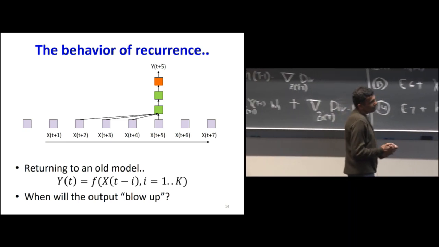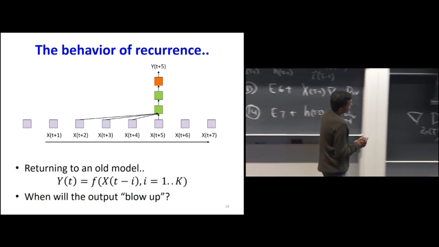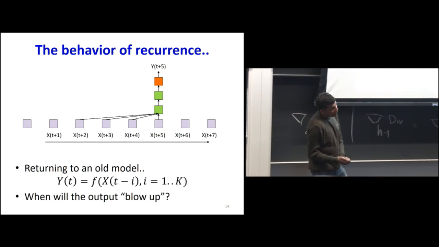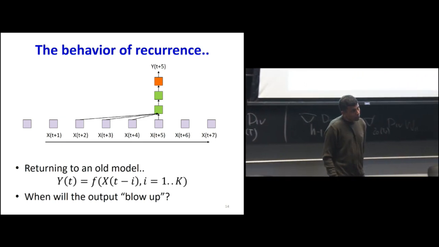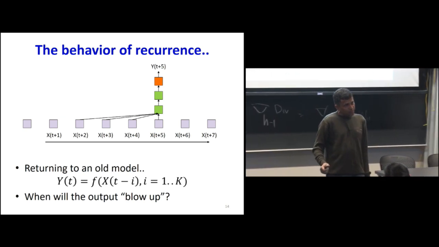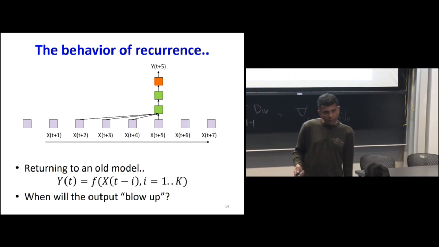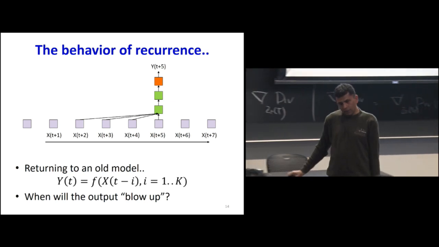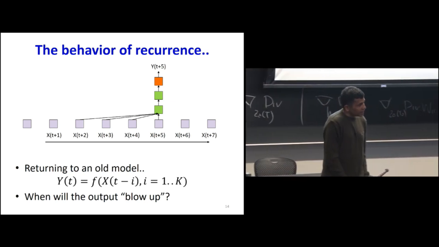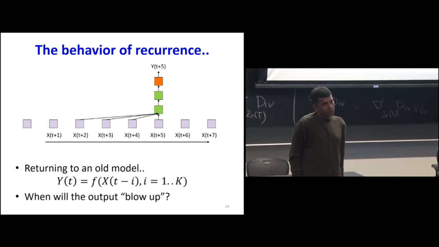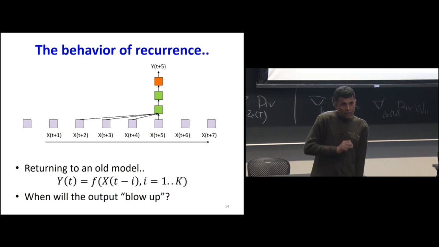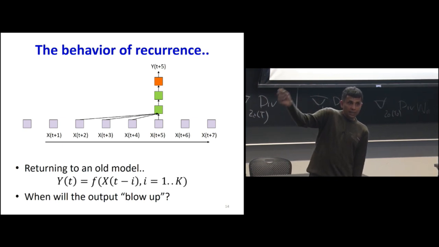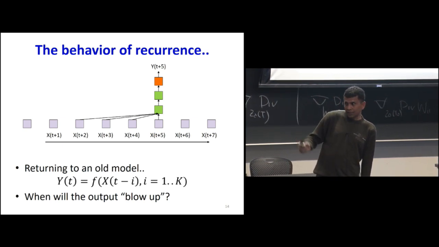Unless the input explodes, the output is not going to explode, right? And that is even if all of the activations are, for example, rectified linear units, which means the output has the ability to go to infinity.